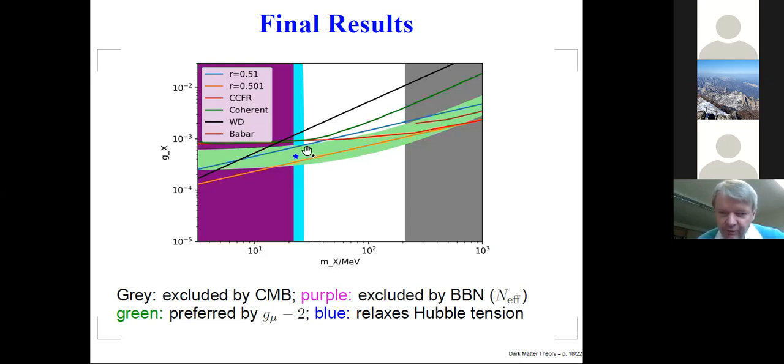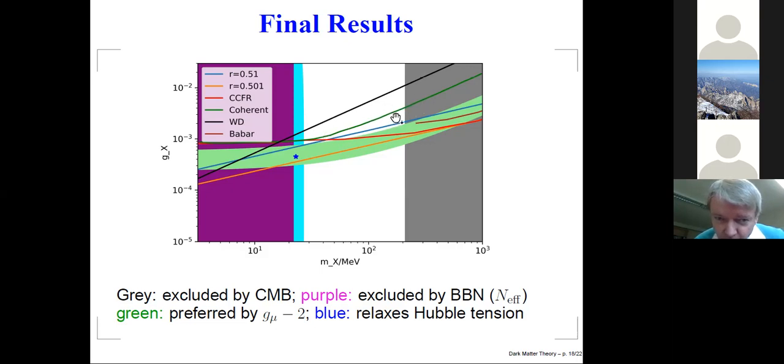If you're a bit further from the pole, you need a bit larger coupling. And the star finally is sort of our optimal choice, which can give you also a significant flux of 511 keV photons, at least for a sufficiently strongly peaked dark matter distribution.